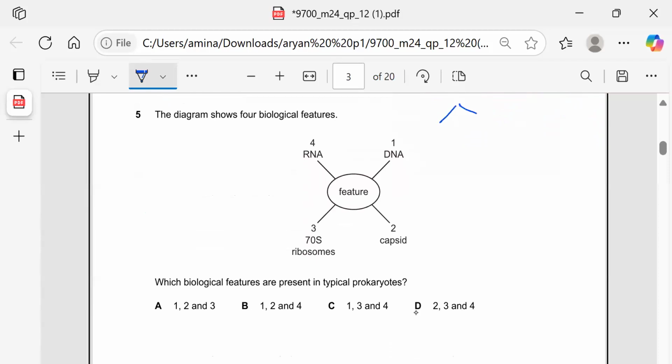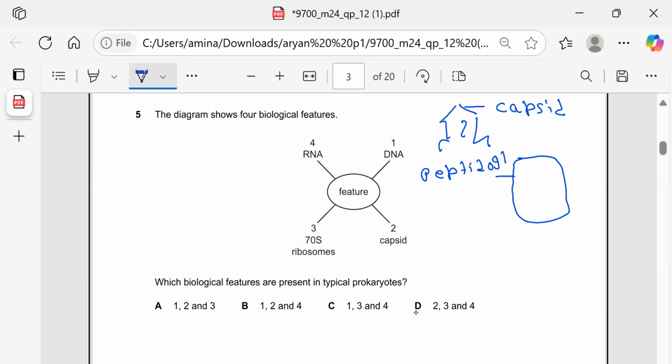A virus has a protein coat and genetic material, and this protein coat is called the capsid. However, in bacteria, the outer cell wall is made up of peptidoglycan. So for sure, capsid is not present in bacteria.